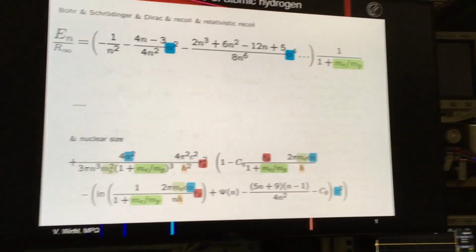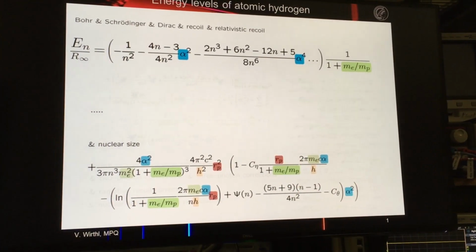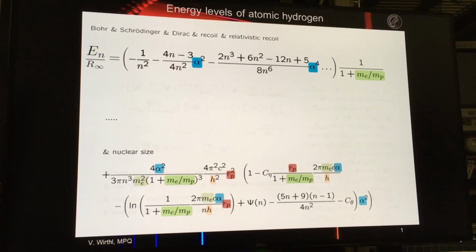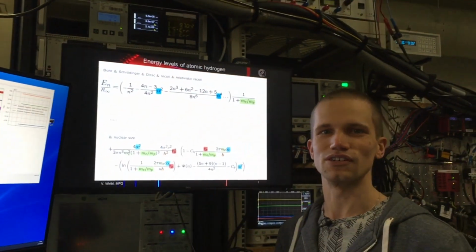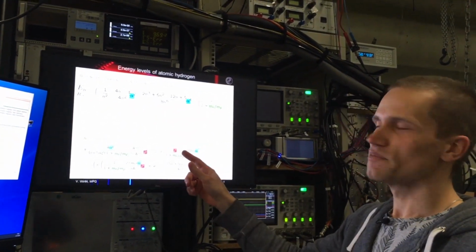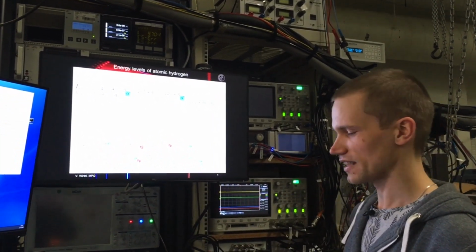Apart from this so-called Lamb shift, there is also the nuclear size effect, which depends on the proton radius. The reason for that is that the electron has a finite probability to be inside the nucleus, so inside the proton, such that it feels how large the proton is. So the proton charge radius enters this nuclear size effect.